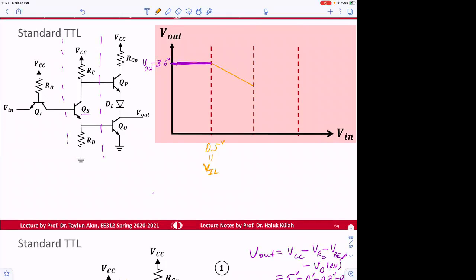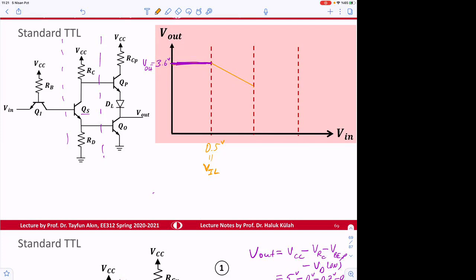So another critical point here is, when we increase Vin, this voltage is dropping output.